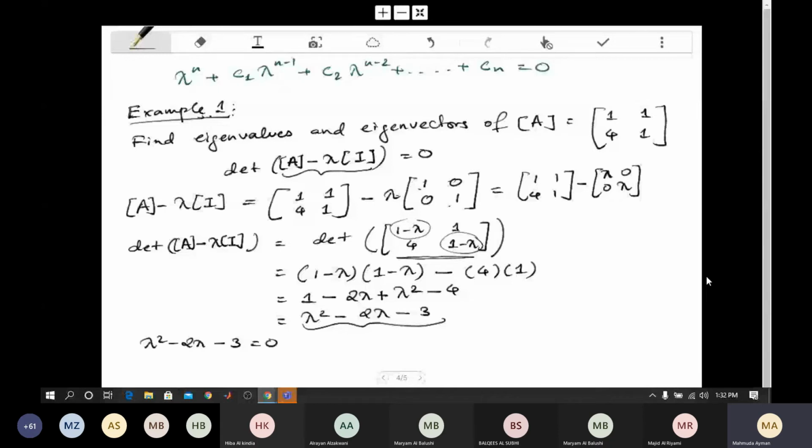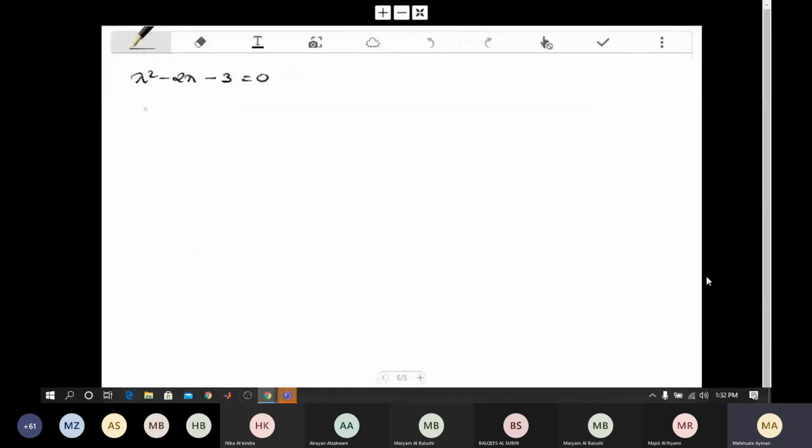Now, if we go ahead and try to solve this using the quadratic equation, we have two values of lambda. We have minus b, and I hope you all know the formula. So b is minus 2, so minus b plus or minus the square root of b squared, which is minus 2 squared, minus 4 times a, which is 1, times c, which is minus 3, divided by 2 times a, which is 1.